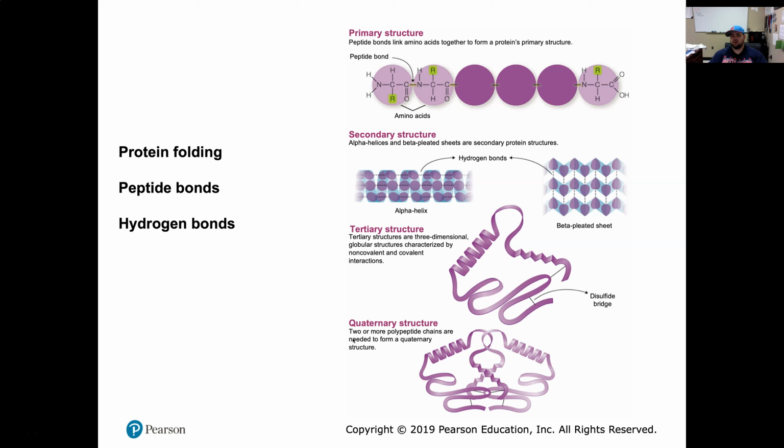Now, depending on the protein, that shape is different. But if they don't fold into that shape, it's not going to function. And that is definitely not a good thing. If you have a non-functional protein, then that could be pretty serious.